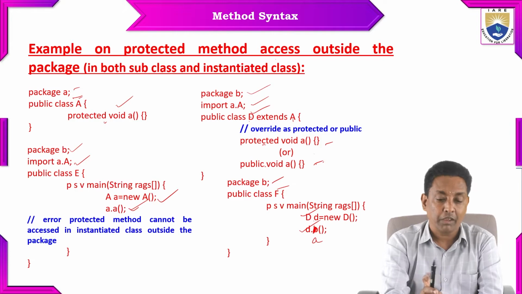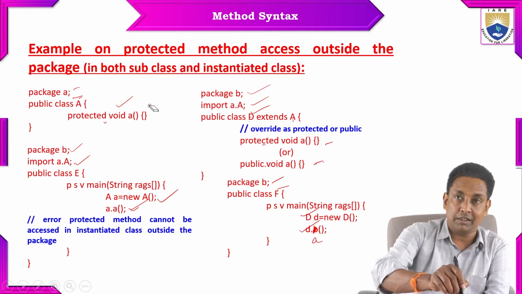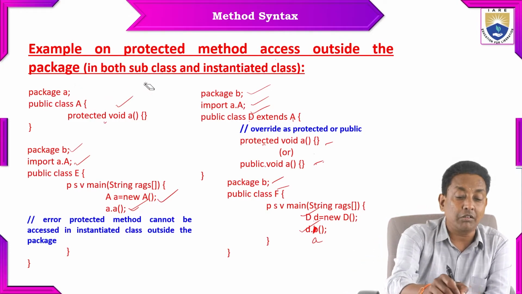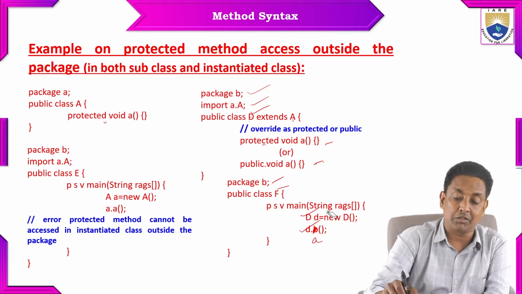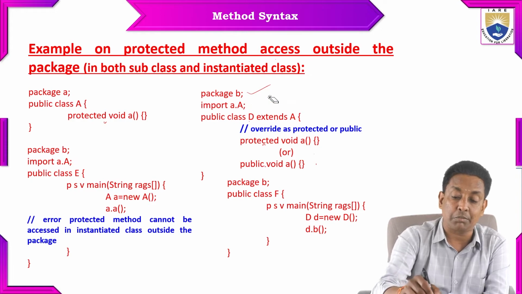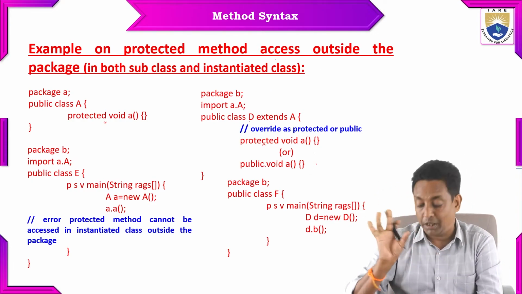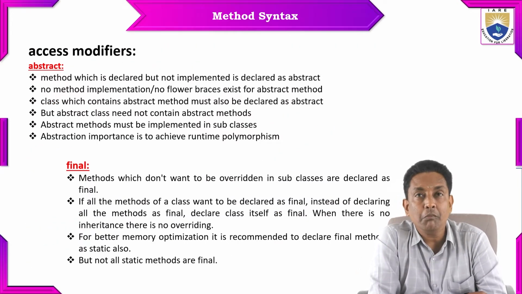Protected methods can be accessed anywhere within the package, and outside the package they can only be overridden in subclasses outside the package. No instantiated class can access the protected method. That is the important point you need to remember about protected methods.